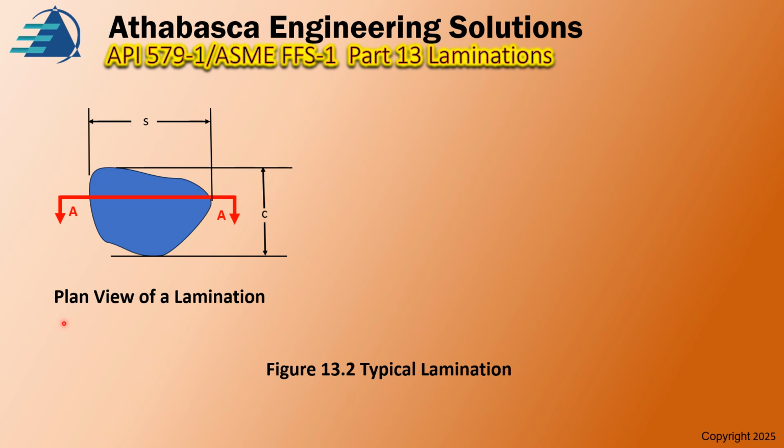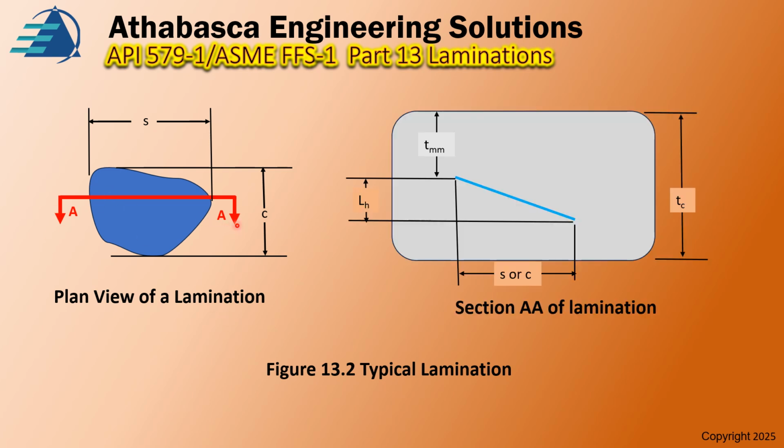As we look in the plan view, we're then going to look at another one. It's called Section AA, which is shown here. This is where we talk about the planarity of the thing. As we saw in episode 1, if we have a flaw that's in the middle of the part and it's all on this plane through the cross-section thickness, then it's much less likely to be an issue.